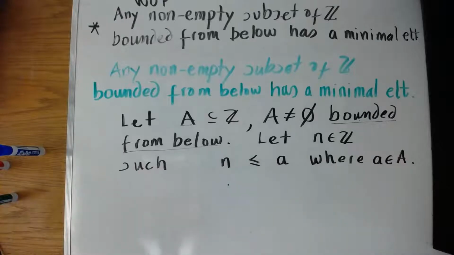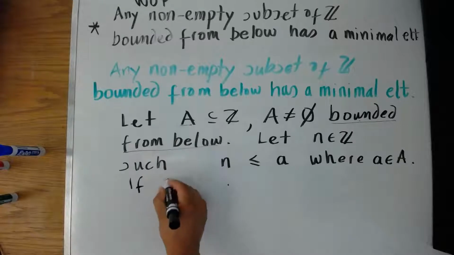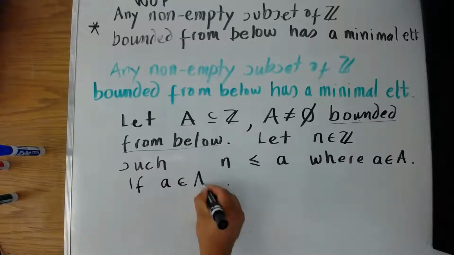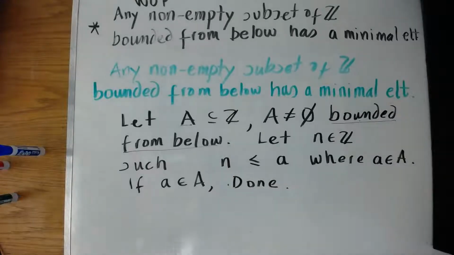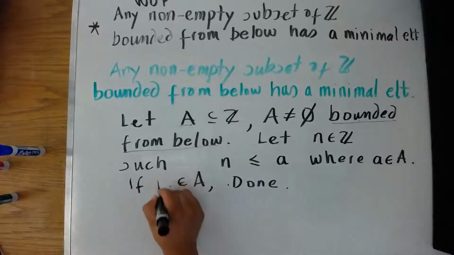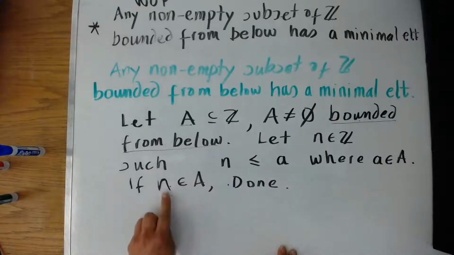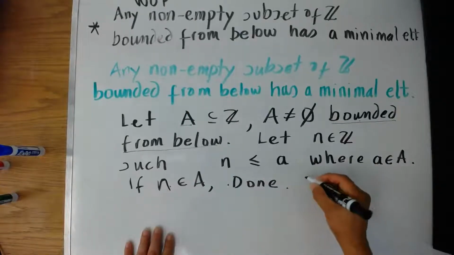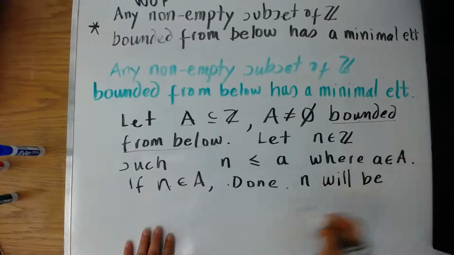Okay, so if n is an element of my set, then I'm done. That will be the minimal element. So n will be the minimal element.